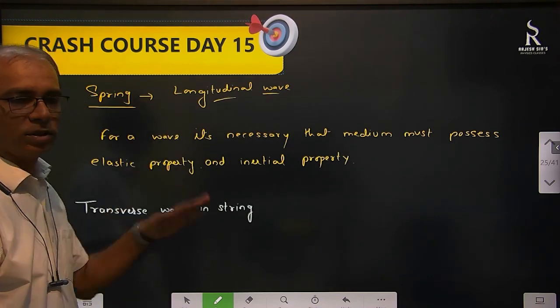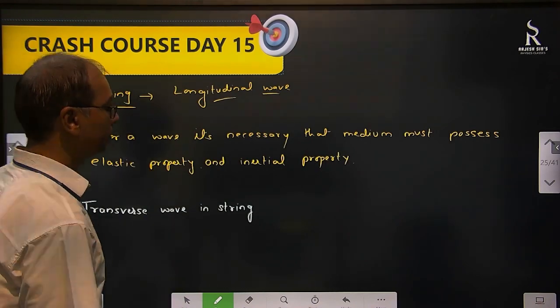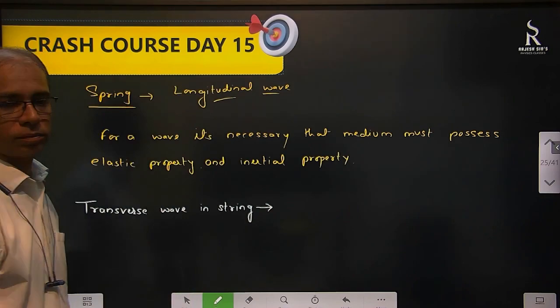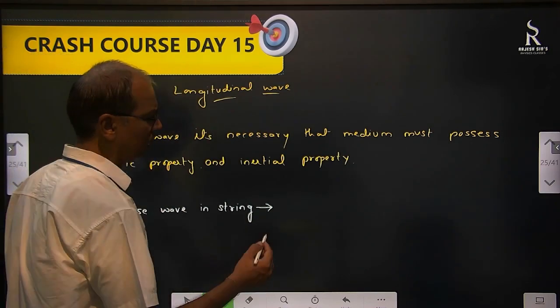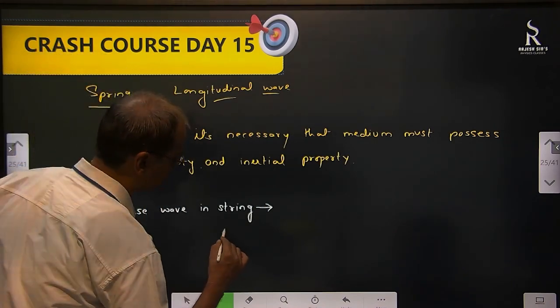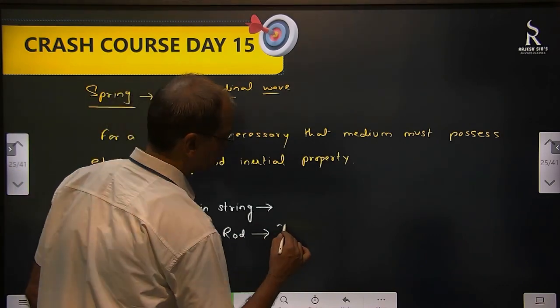Transverse means the particles are moving perpendicular to the propagation of the wave. So in this one, which type of elasticity do we require? See, Young's modulus. Transverse wave in string or rod, you can write either, both are the same thing. So here we say Young's modulus.